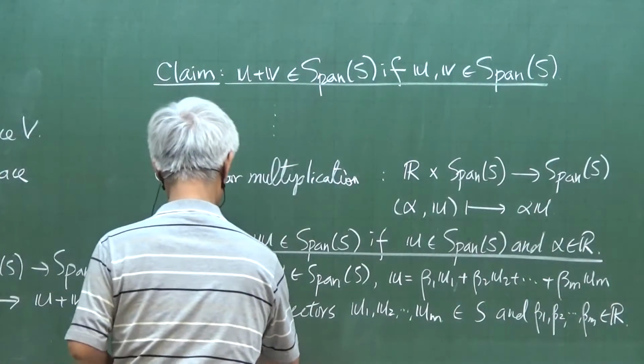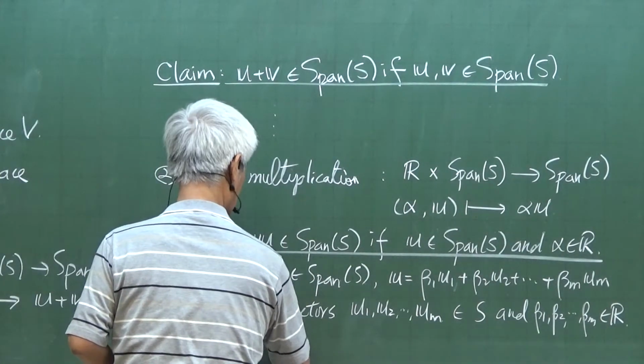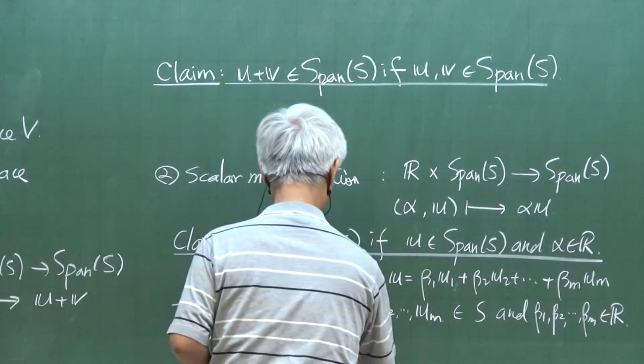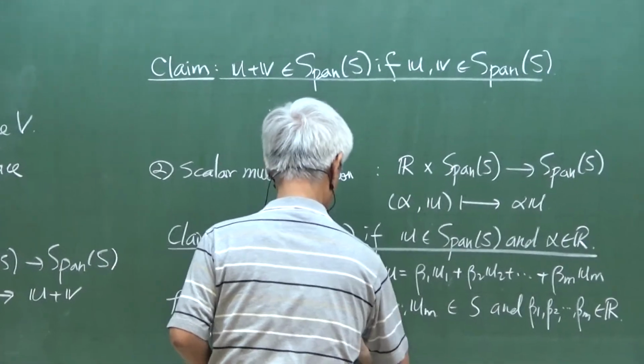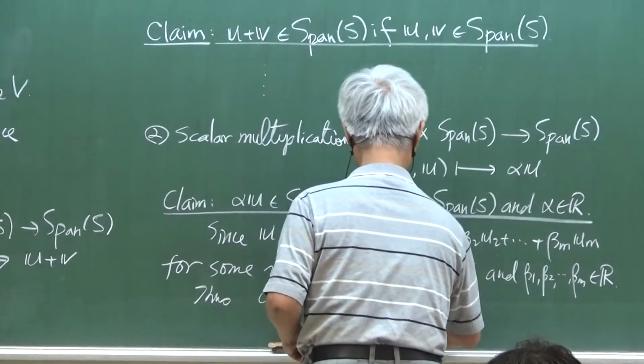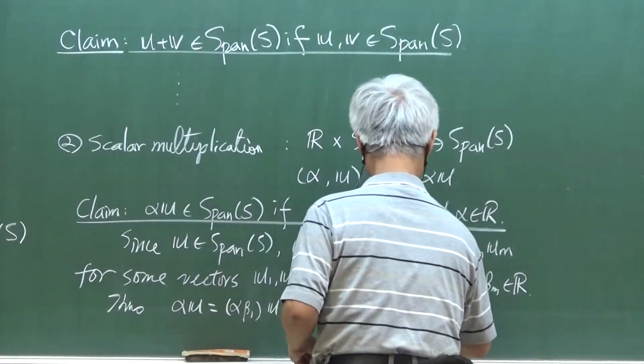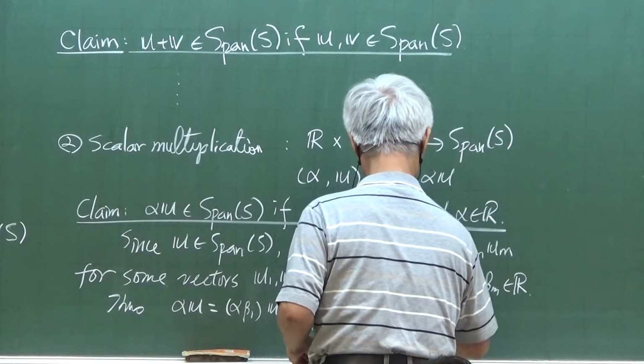So now alpha u equals alpha beta 1 u1 plus alpha beta 2 u2 plus up to alpha beta m um.